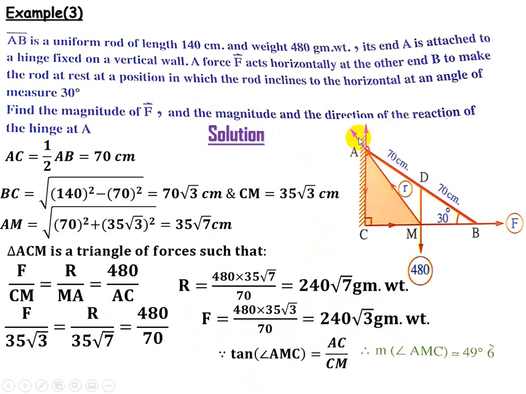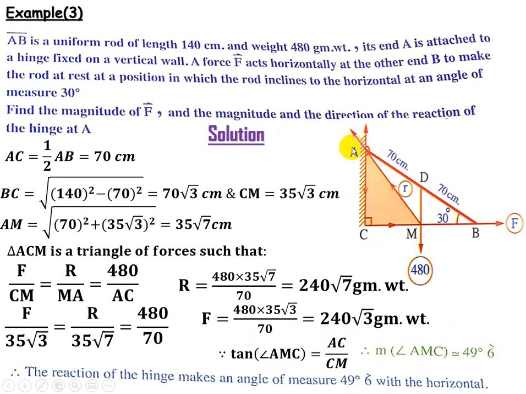We will get the measure of angle AMC. Tan AMC equals AC over CM, which means AC 70, CM 35 root 3. So the measure of angle AMC after taking tan minus 1, the answer will be 49 degrees 6 minutes, which means that the reaction of the hinge makes an angle of measure 49.6 with the horizontal.